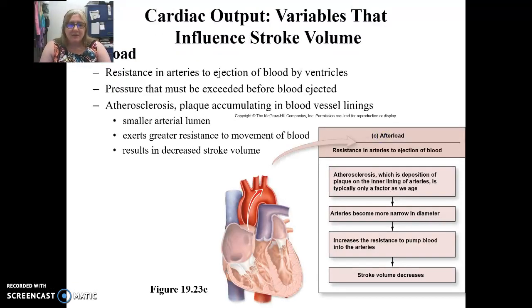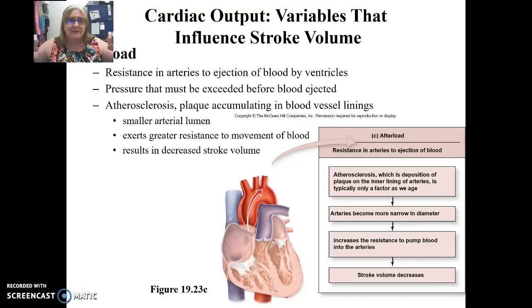The afterload is the resistance seen in arteries, those large arteries, against the ventricle contraction. We have to increase the pressure in the ventricles higher than the pressure in the arteries to push blood out. So the more resistance we have in the arteries, the less blood that can be released.